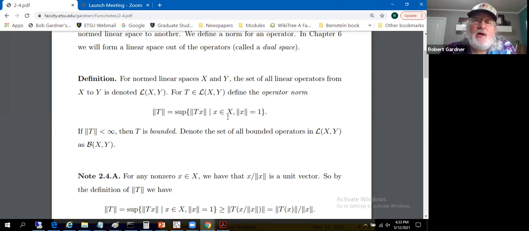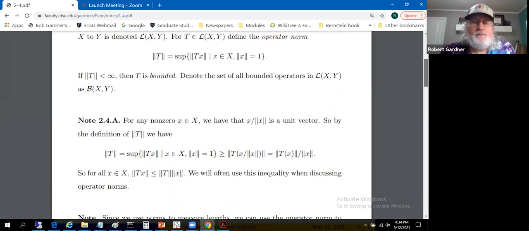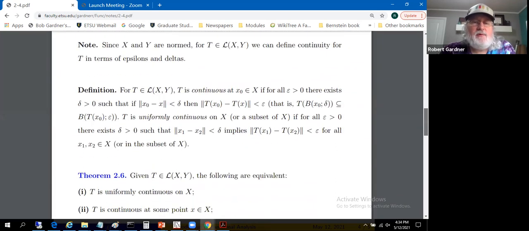And the sup is done over all of those unit vectors, all x in the input space, the domain space of the operator. That's exactly what we have.